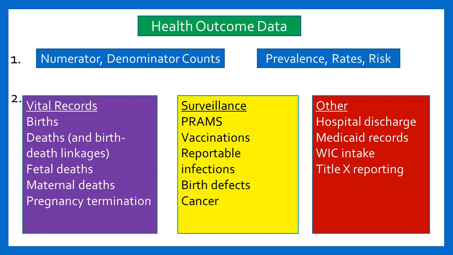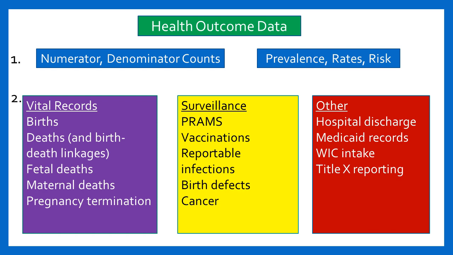In terms of data sources, vital records are, of course, commonly used, so births and deaths and birth-death linkages. If you're doing that, depending on what age range you're doing that over, fetal death records, maternal death records, pregnancy termination records. Surveillance systems can occasionally also be linked geographically.